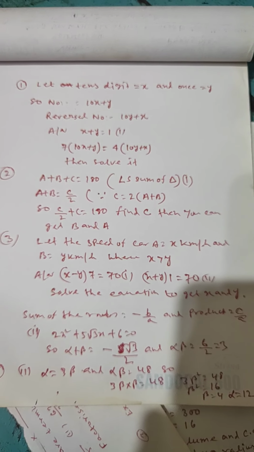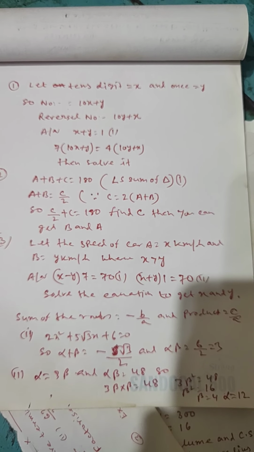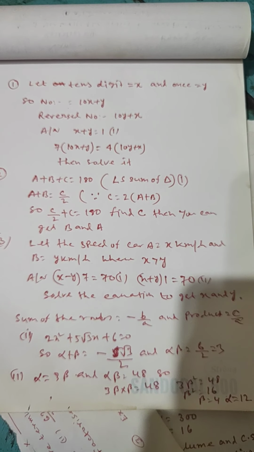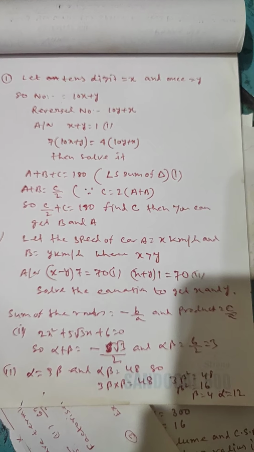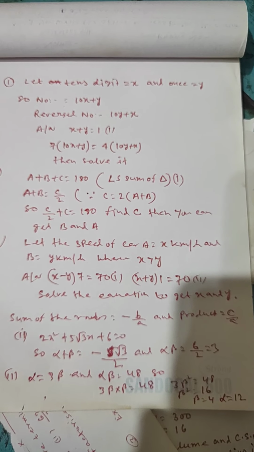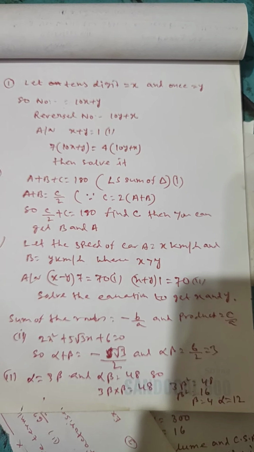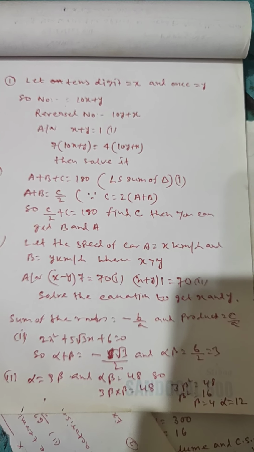Third question. You know that when two vehicles run in the same direction, the relative speed is the difference of their speeds. And when both are running in opposite directions, the relative speed is the sum of their speeds.